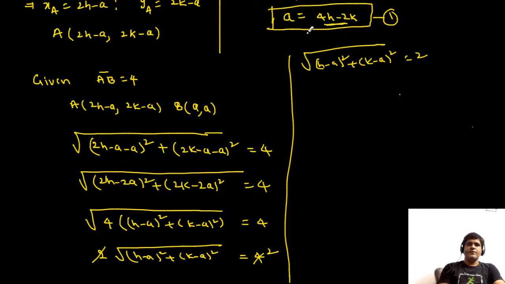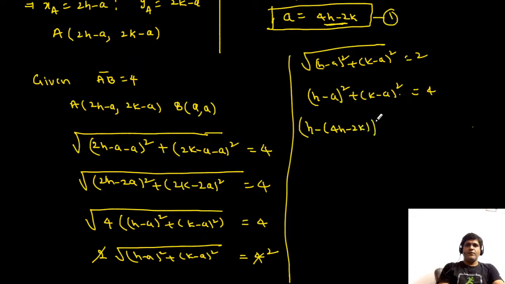So square on both sides first, that is (h minus a) whole square plus (k minus a) whole square equals 4. Now substituting a equals 4h minus 2k, we get (h minus (4h minus 2k)) whole square plus (k minus (4h minus 2k)) whole square equals 4.